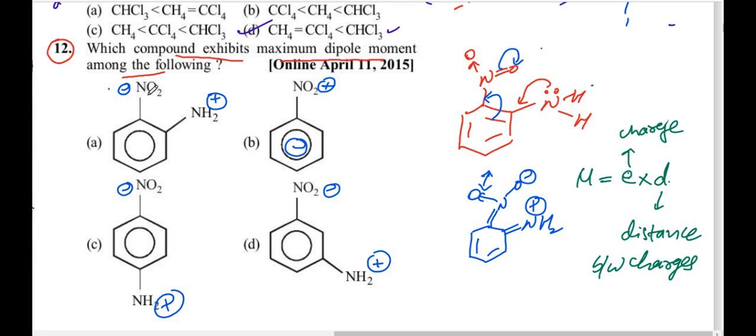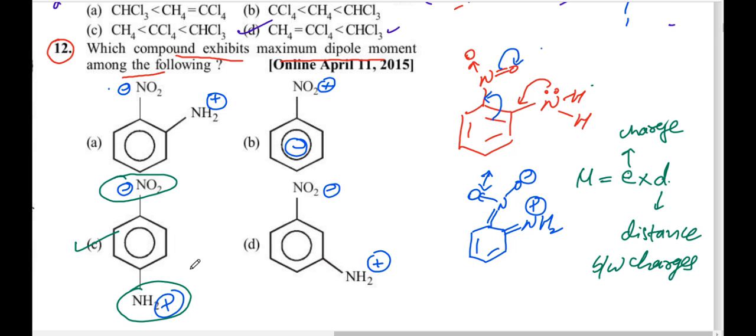See here, the charge is the same in all, NO2 minus and NH2 plus, but the maximum distance is here. So the answer will be C.